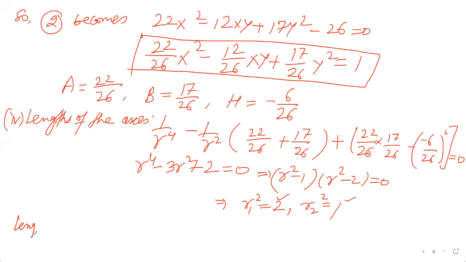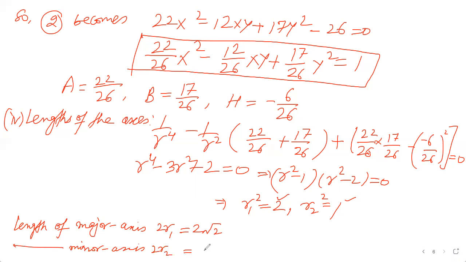So length of major axis is 2r1, right, it is 2 root 2, and length of minor axis is twice r2, which is 2. I took 2 times, so the full major axis; it was semi, so r1.